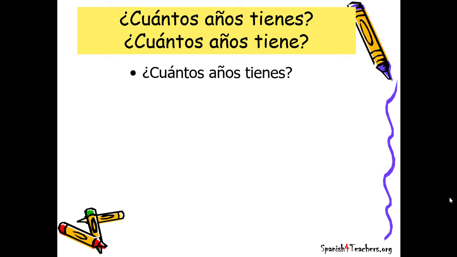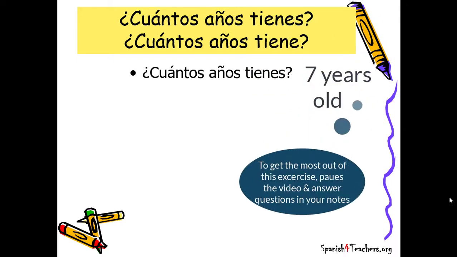So let's practice this. For this first case, let's talk about that 7-year-old child we had before. ¿Cuántos años tienes? Talking to you, you're 7 years old. Write down what you think the correct answer would be.